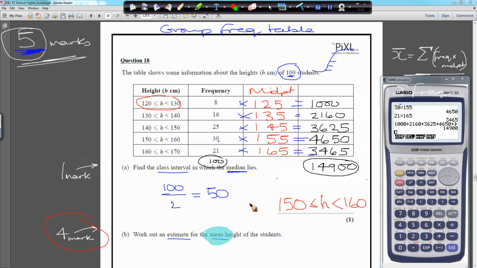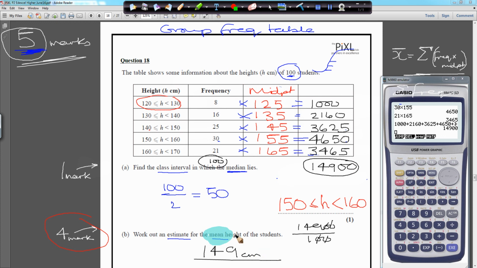That's our calculation: 14,900 divided by 100. That's nice and straightforward, just knock off the zeros, dividing top and bottom by 100. That gives you a mean height for the students of 149 centimeters, and that's the job done.